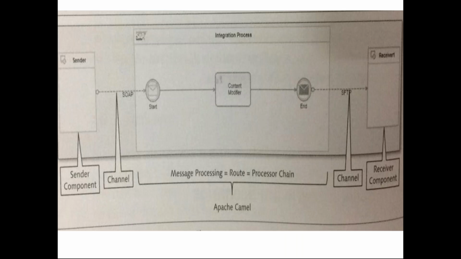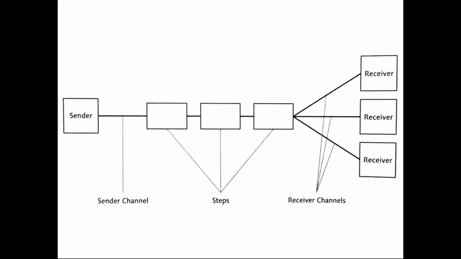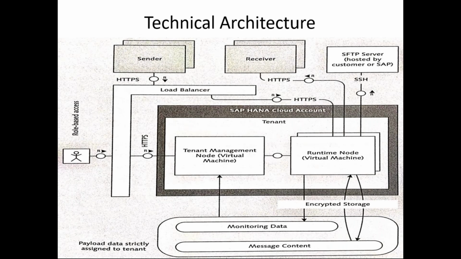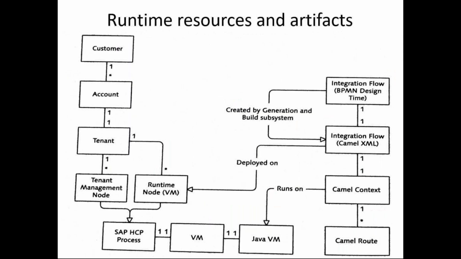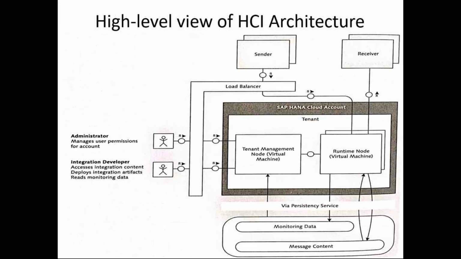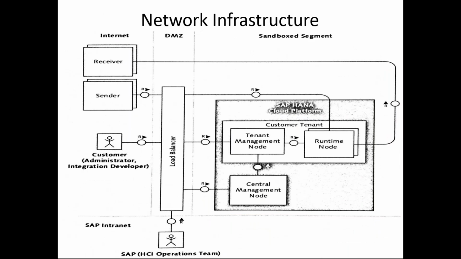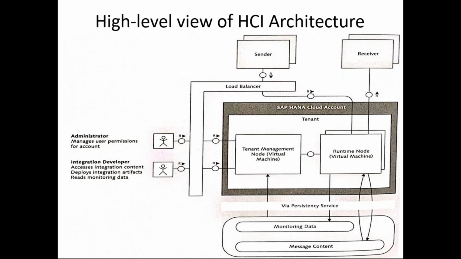The typical iFlow will be like this: sender and receiver, and in between you have a start and end message that is routing in the message processing, that is part of the CPI tenant where you are developing the iFlow, right? And the typical architecture will be like that. And there is one slide here, network infrastructure, but we will discuss it in the security part, so that you will understand it effectively.